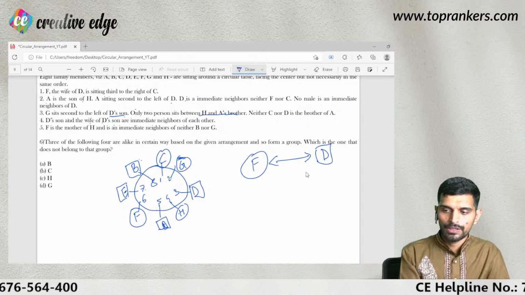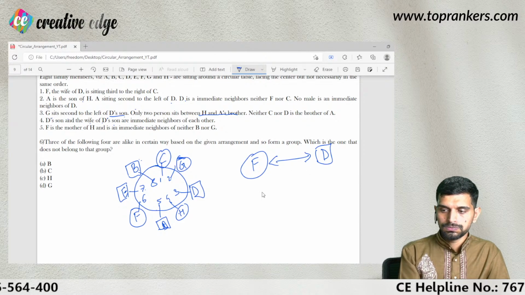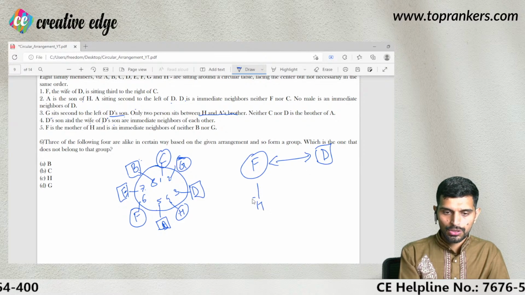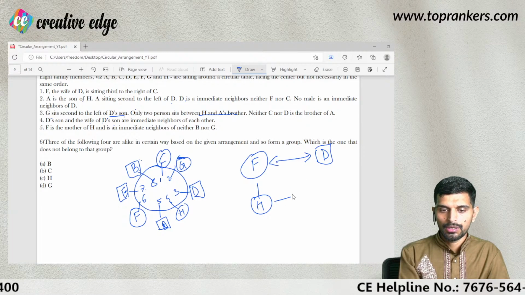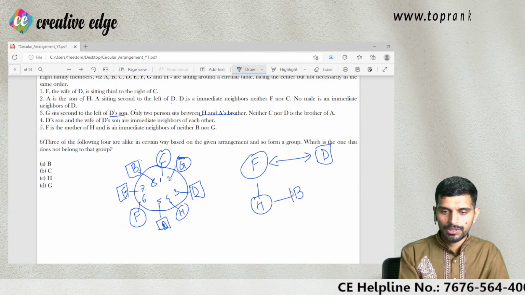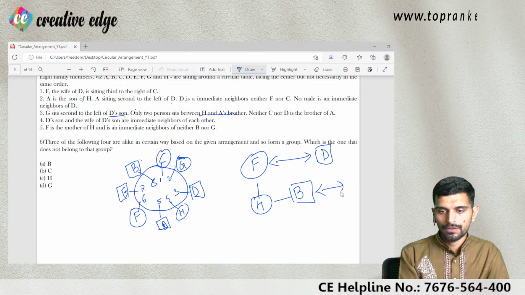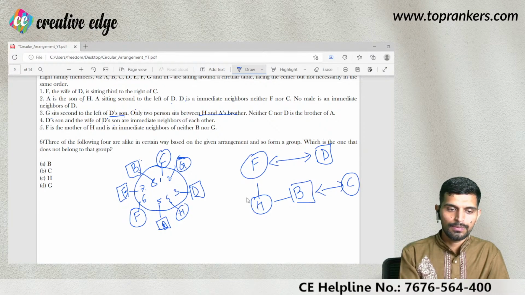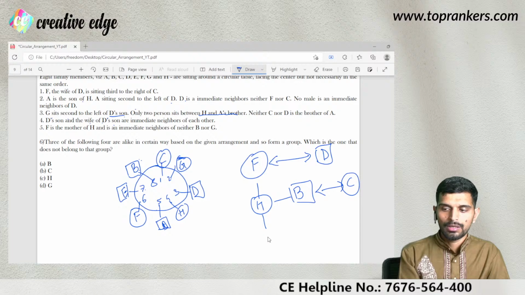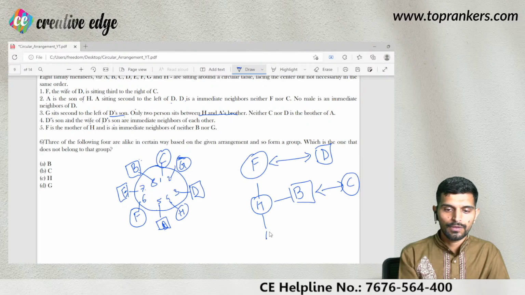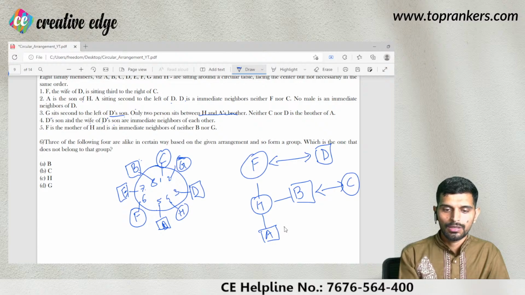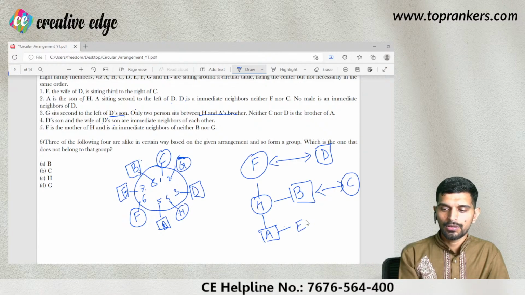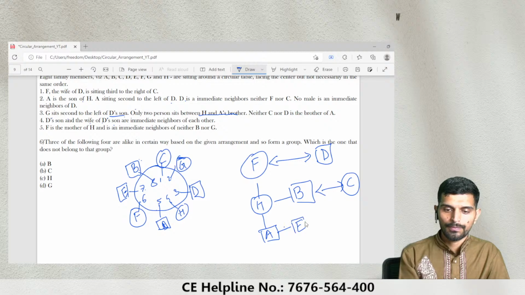F is mother of H. H is female, and H's brother is B. His wife is C, right? And then H is mother of A. H is mother of A, and E is brother of A.